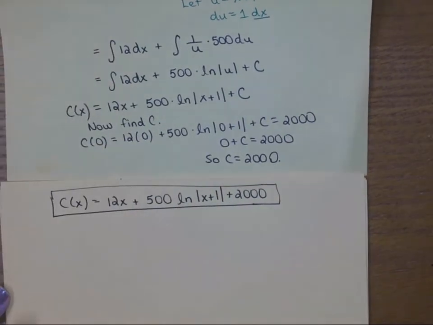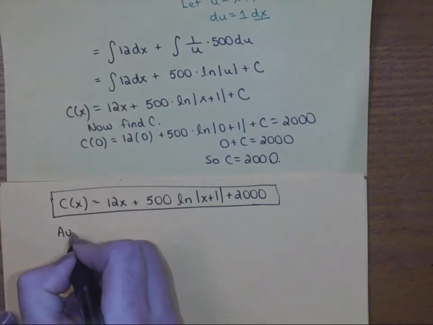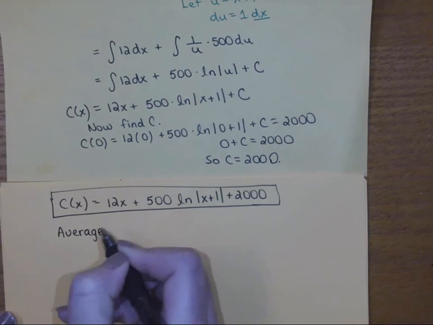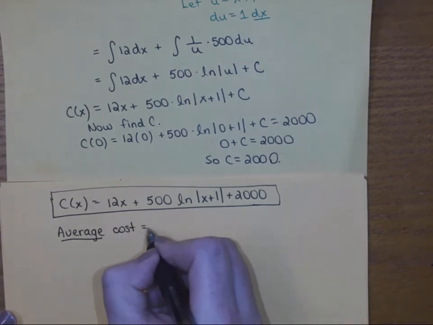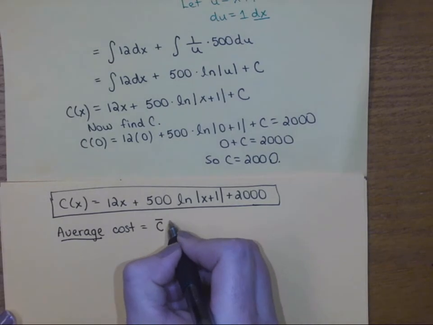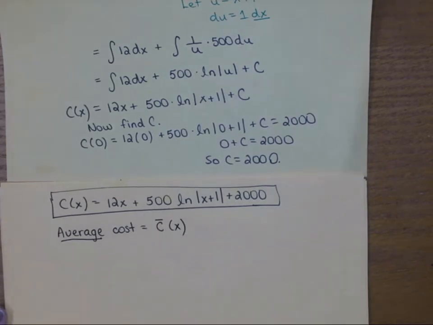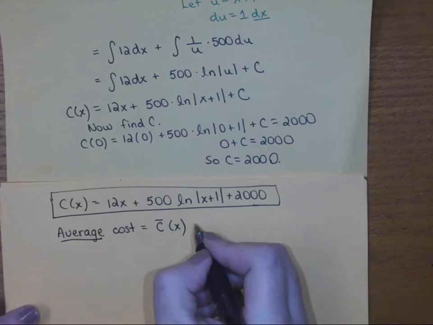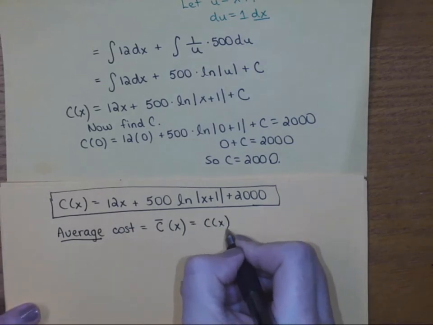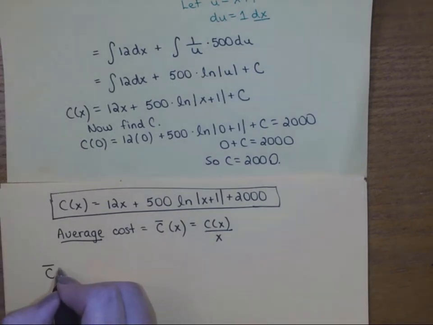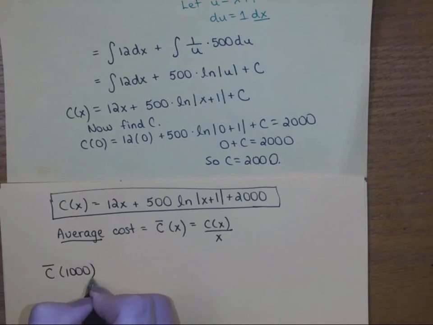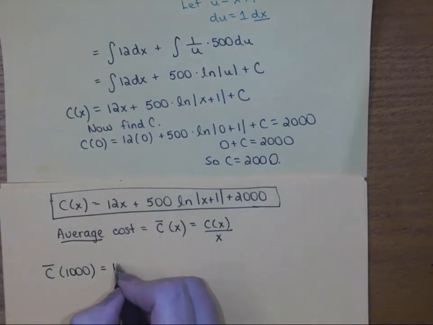All right, so that's the cost function, but then notice it asks you for average cost. So just make sure you read the problem carefully. In other words, it's not asking you for C of x and plug in 1,000. It's asking you for the average cost. And remember, average cost is total cost divided by items sold. So in the end, C bar of 1,000 is going to be this C function with 1,000 plugged in.